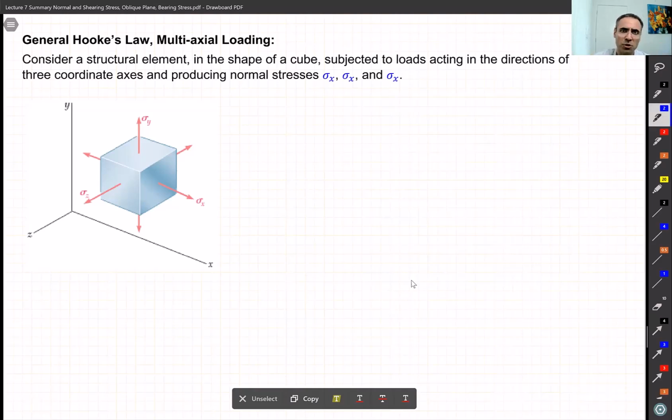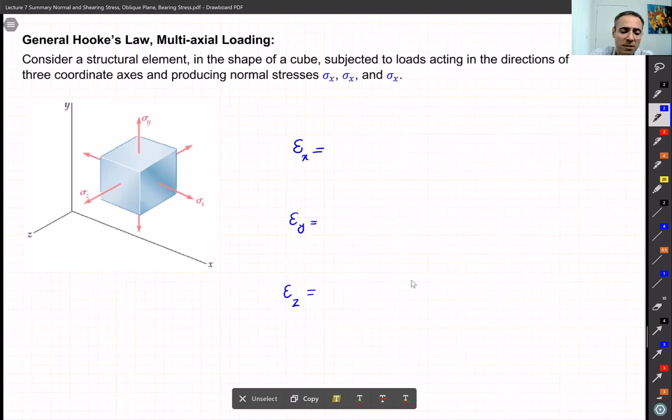Again, I show just a tensile stress. It can be compressive as well, which is the same formula. Again, we don't need to know the proof, but this is Hooke's law for a 3D problem.